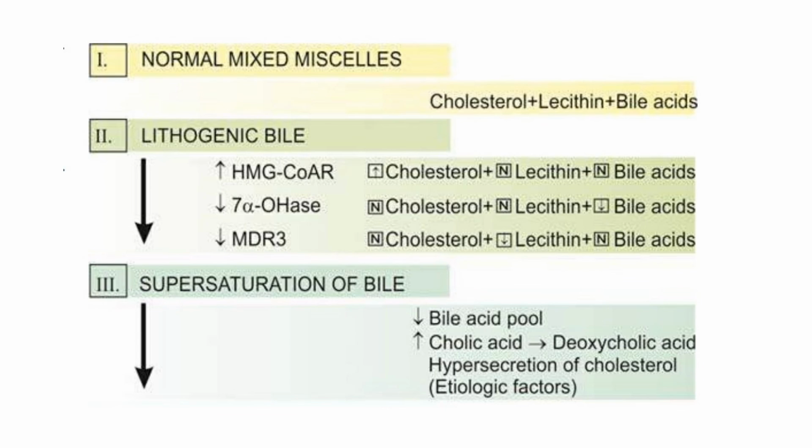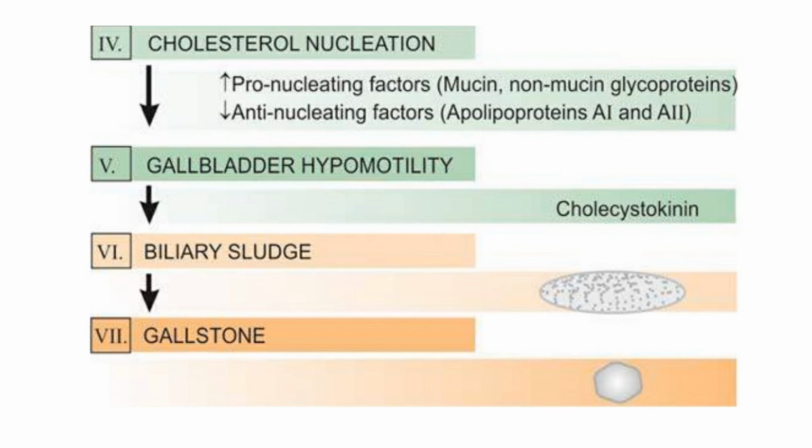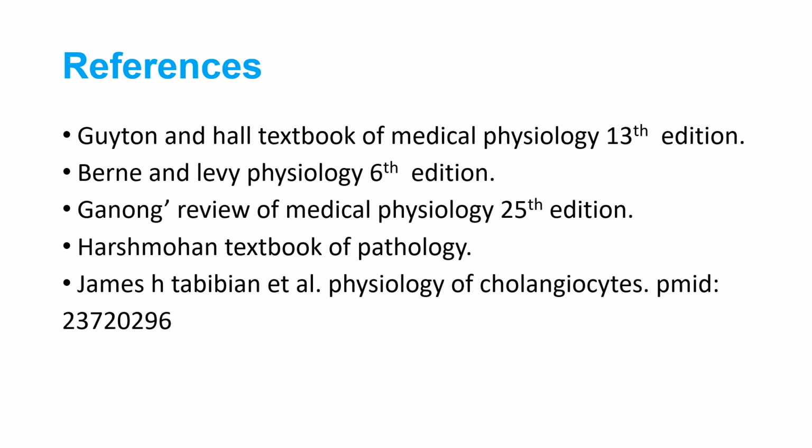In this way, it alters the normal mixed micelle. And then there is supersaturation of the bile, cholesterol nucleation, gallbladder hypomotility, and biliary sludge, as well as formation of the stone.